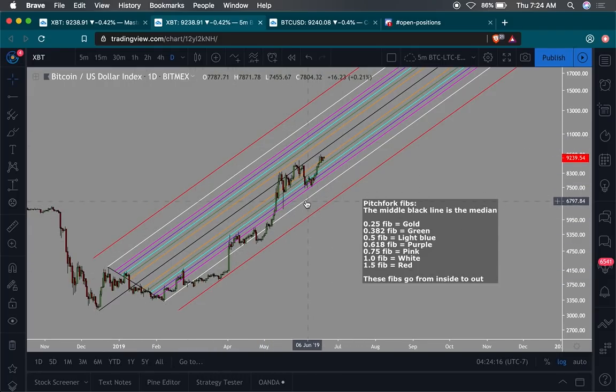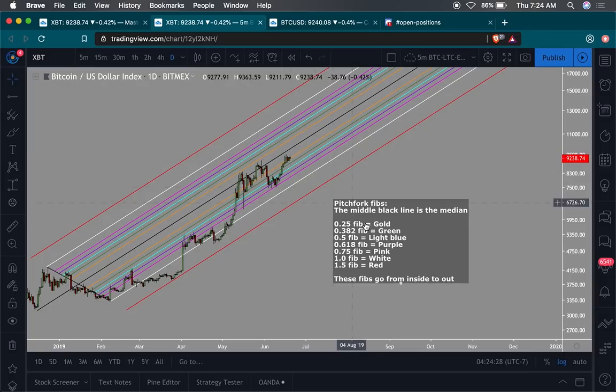Each one of these markers right here, I've labeled them, is representative of a Fibonacci movement in terms of this rising channel. Currently, we're just bouncing off the gold, which is the 0.25 fib of this channel. Previously, we got rejected by this gold 0.25 fib on the positive side.